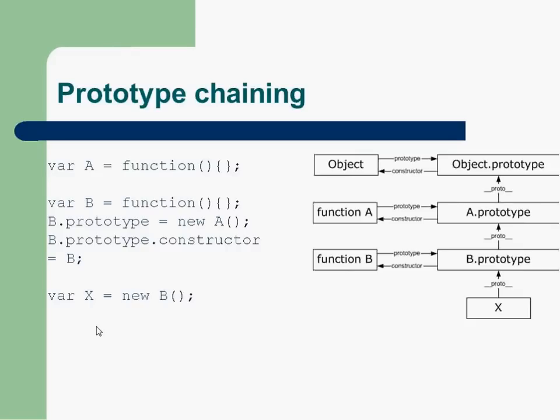The resolution happens like this. Let's say it has something like X.A. What will JavaScript do? First it will check inside the instance variables or the properties, whether something like this.A is available. If it's not, then it goes inside B.prototype and looks if it's there.